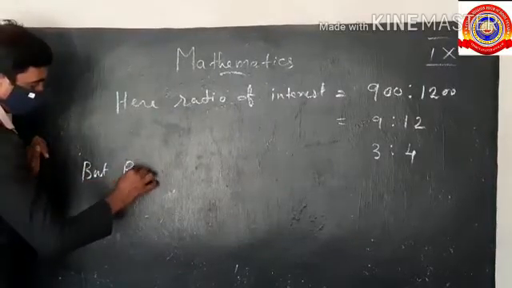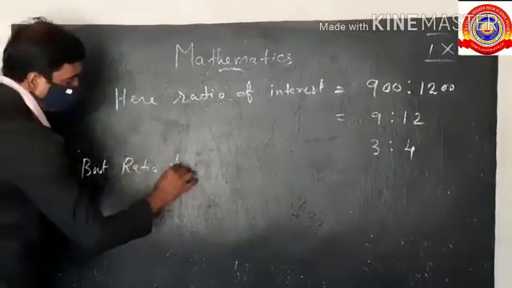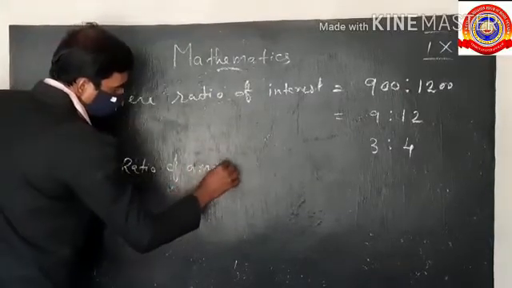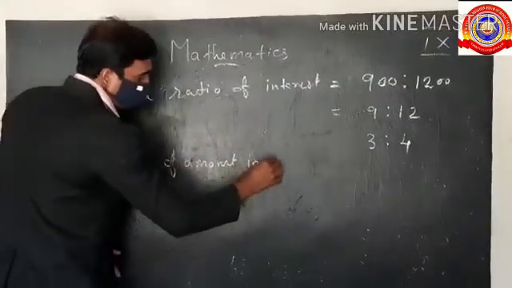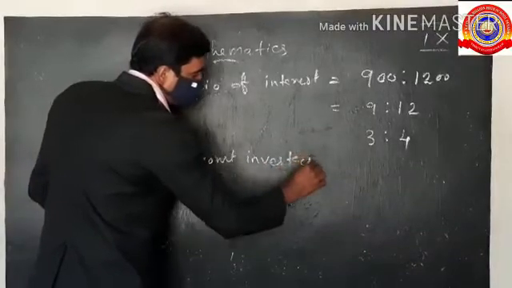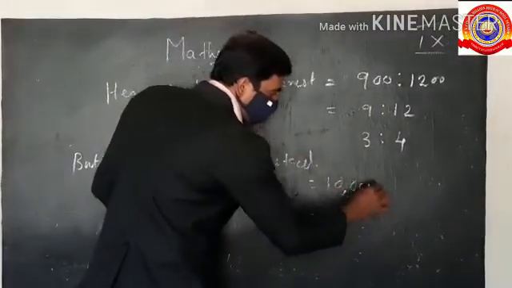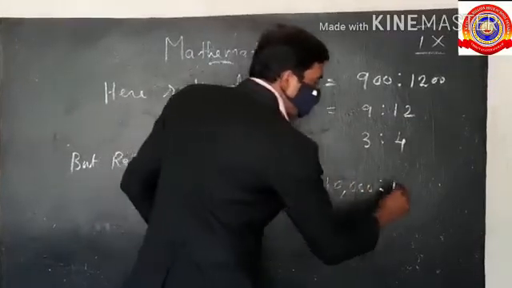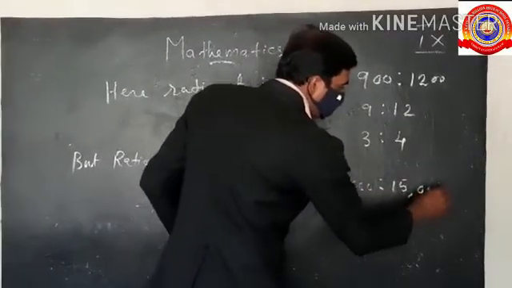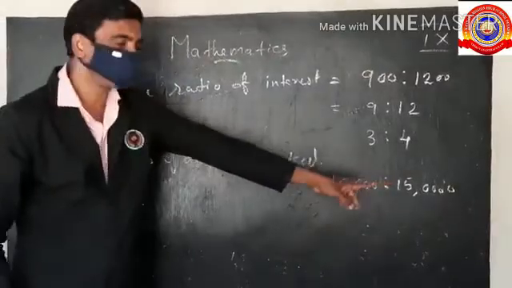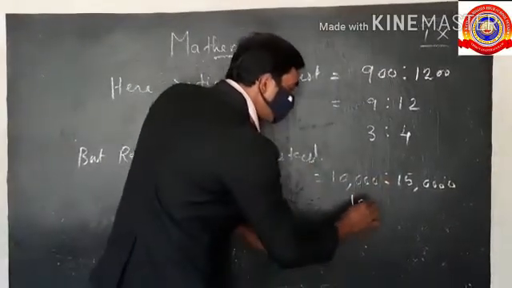But the ratio of amount invested is equal to 10,000 is to 15,000, which is equal to 10 is to 15.